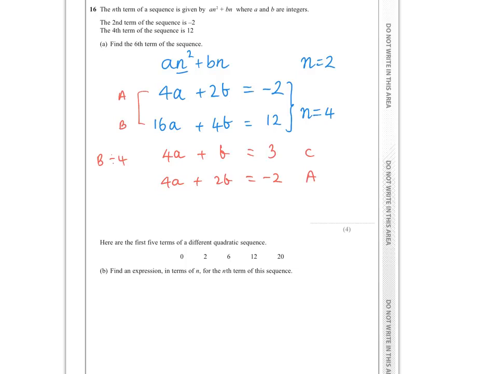And then I'm going to multiply one of them by -1. It doesn't matter which one. I'll do this one. Call that A prime. And I'm just going to add C and A prime together, and that's going to give me minus b equals 5. So b is going to be -5.